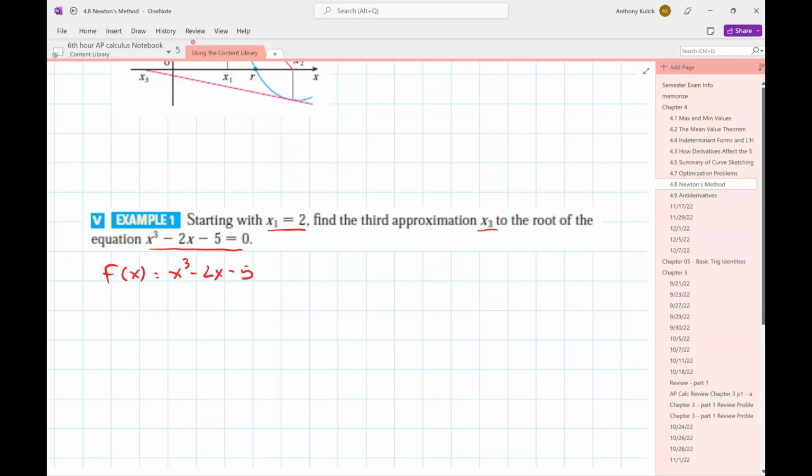So my f of x is going to be the left-hand side of the equation now that it's set equal to 0. My derivative is that. So my second approximation is going to be my first one. I'll write it this way first.